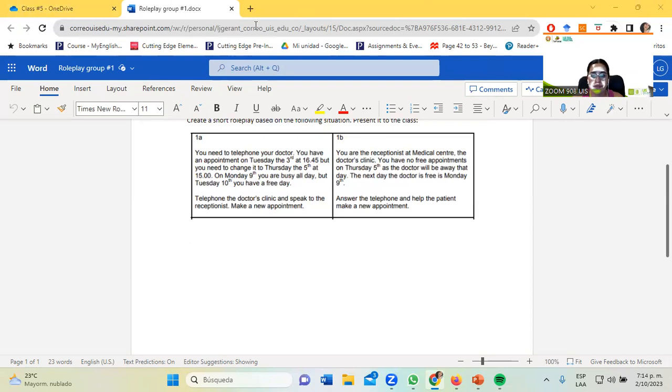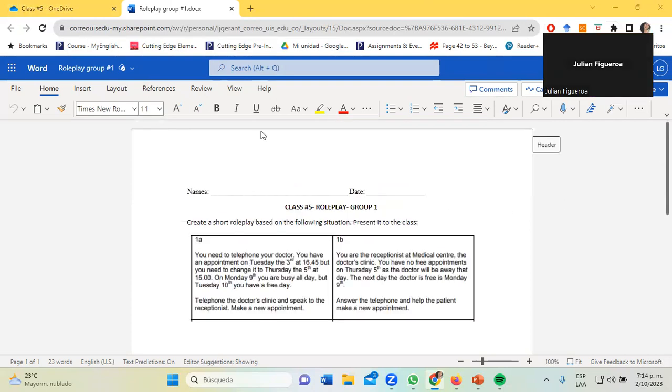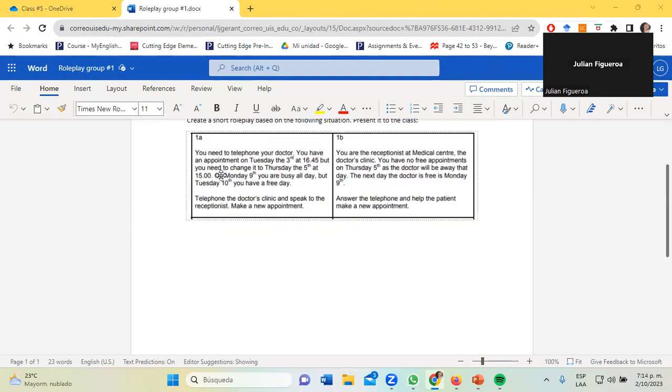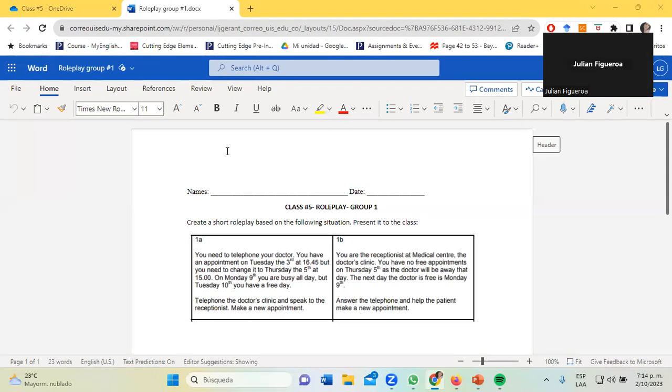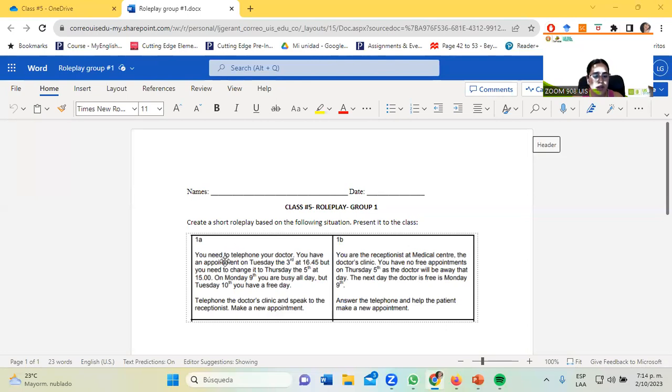Yes, Julian? Teacher, we have to do both situations or only one? Just only one. This is one situation, but this is the customer and this is the agent. Okay. All right? But it's only one situation in each case. So you follow the instructions. For example, this customer, or in this case, the patient at a medical center, has an appointment on Tuesday, the 3rd, at this time, but he needs to change it for this other day.